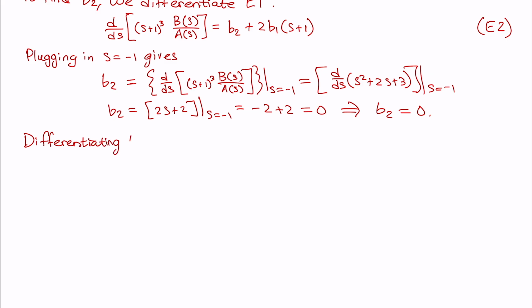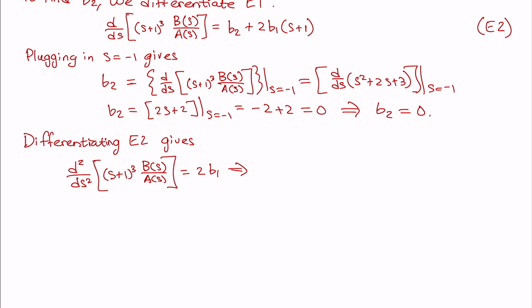So differentiating E2 gives the following: d^2/ds^2 of (s+1)^3 times B(s)/A(s) is going to be equal to 2b1, such that b1 is equal to 1/2 d^2/ds^2 of (s+1)^3 B(s)/A(s).